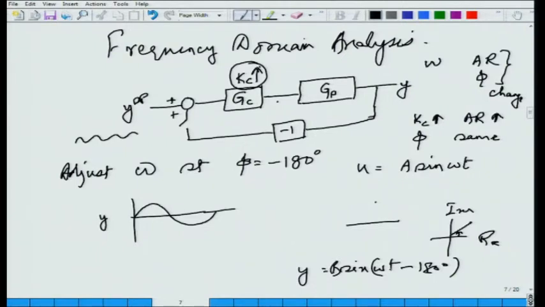What that means is that at t equal to 0, we have sine of minus 180. So, then your u is changing, this is u. If this is u and the output sine wave is lagged, with a minus 180 degree phase shift, then what you can see is that this signal y, and maybe I should draw it with a blue curve.